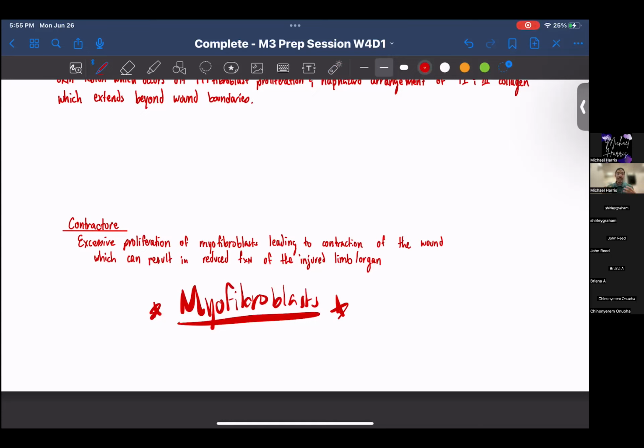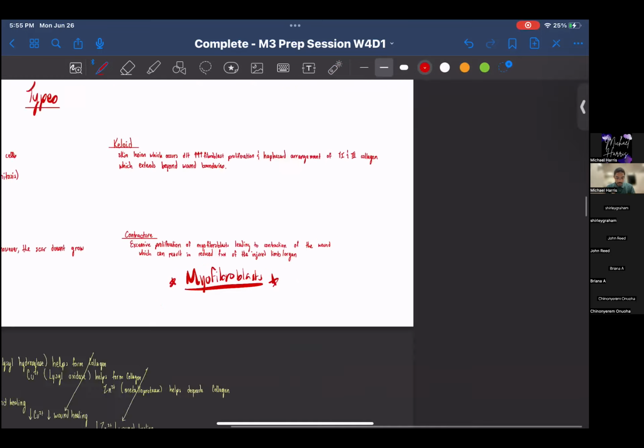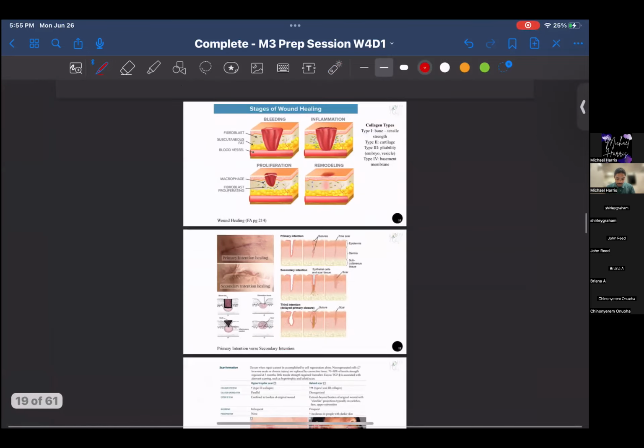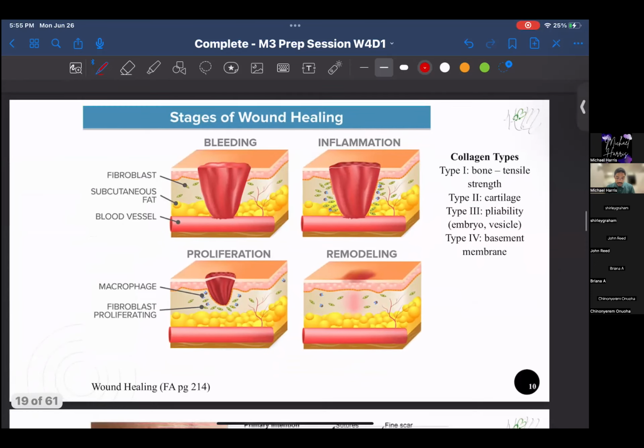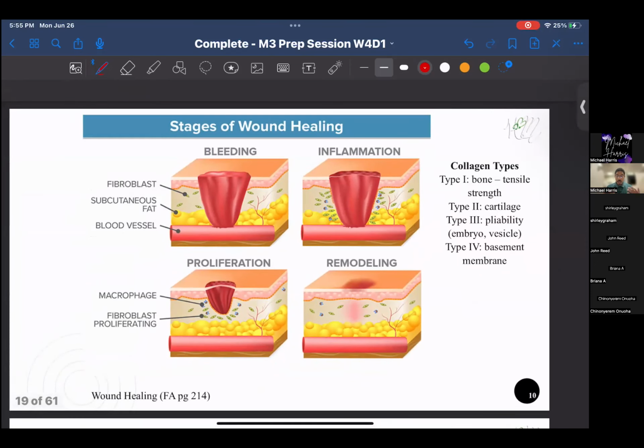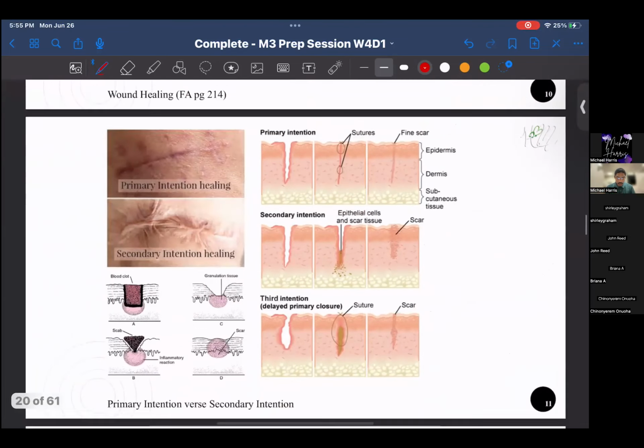Because they're the guys that form this taut skin, and now he can't stretch his skin anymore like he used to make a fist. Okay? Good. We talked about that. So there's a better picture. I'll show you that later. So this here is, once again, just another image of it. Nothing really different here. We're just going to keep moving.